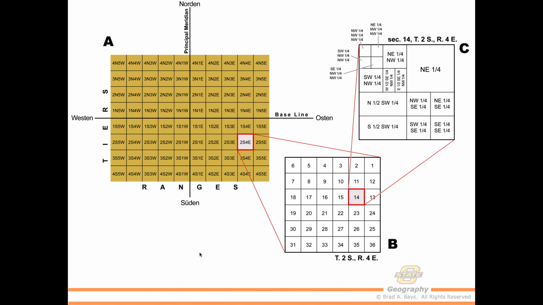Somebody tell me why. If there are any history majors or social science education majors in here, you should probably be able to tell me, based on what I've said in previous lectures. The principal meridians don't follow lines of longitude, right? Why not?